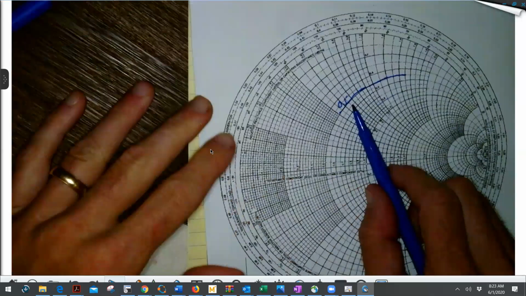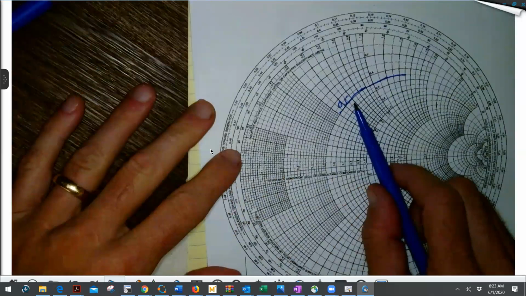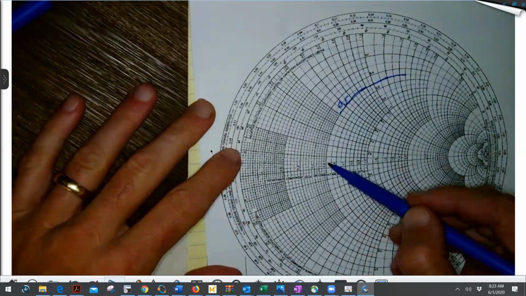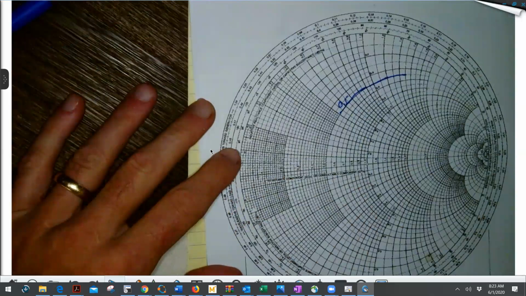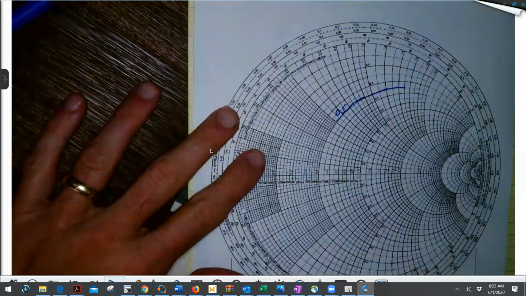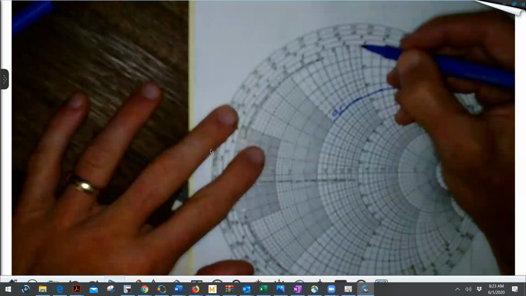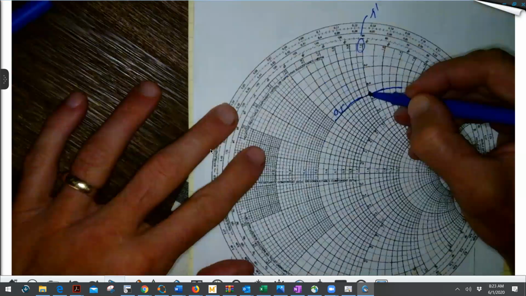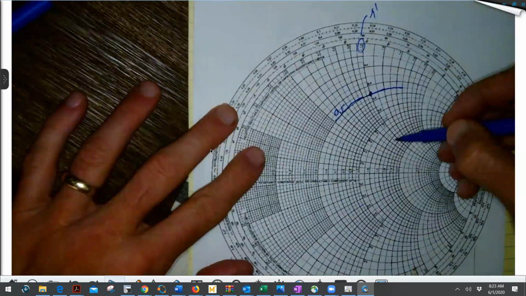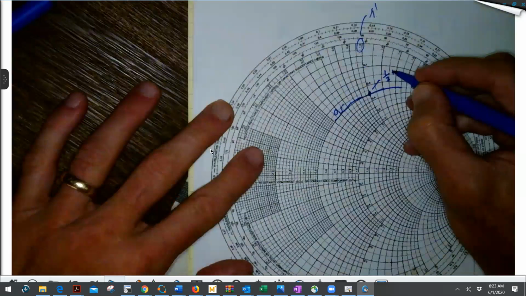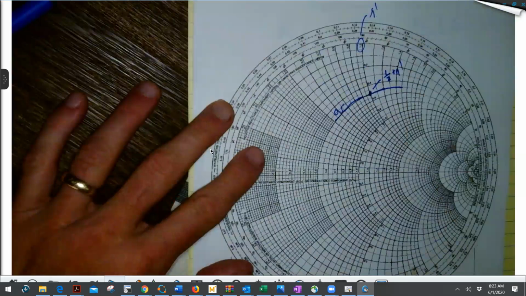Y'all can see that on your Smith chart, can't you? The entire circle right here is a value of a real part of 0.5. Now, the imaginary part was 1, and you can see this is the imaginary part. This would be j1. Where these two intersect is right here. If you trace that line, that point is 1/2 plus j1. And that's where ZL is.